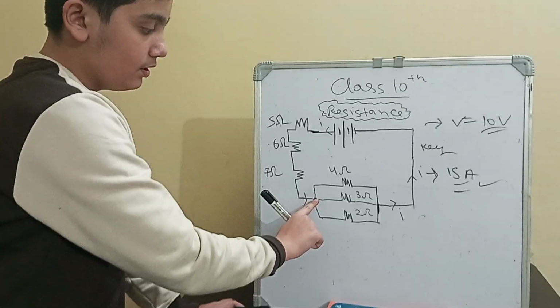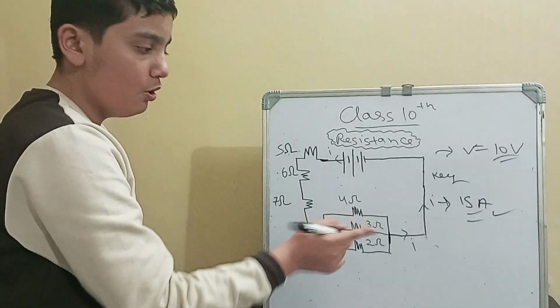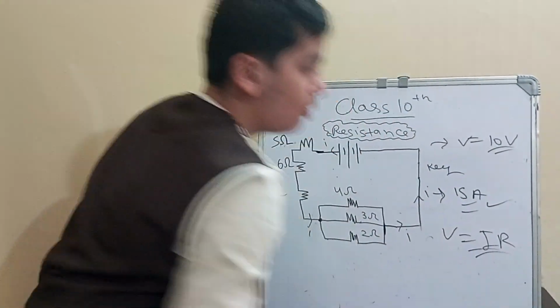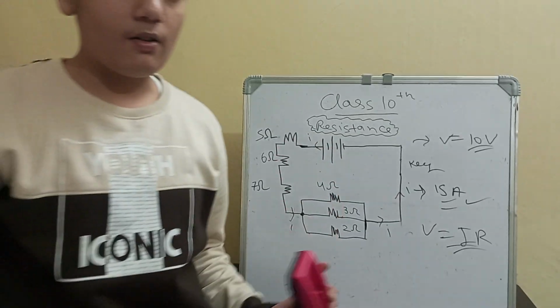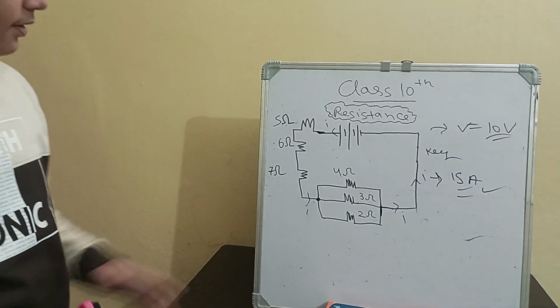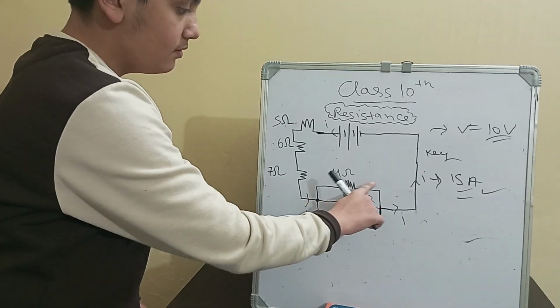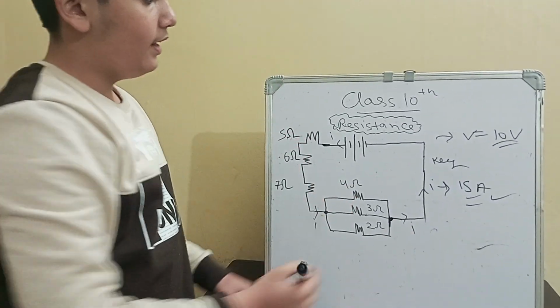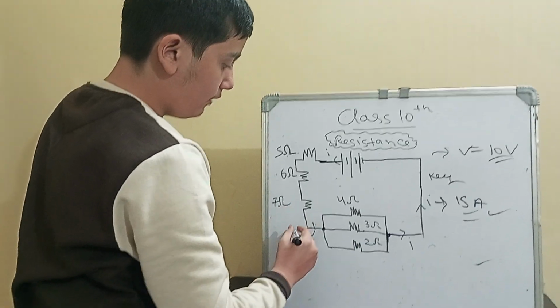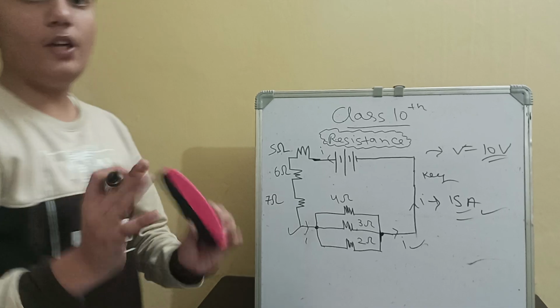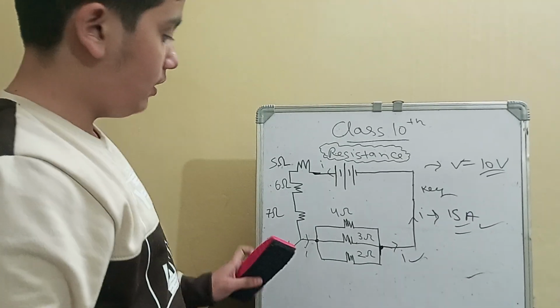So over here, the current will divide. It will be divided by Ohm's law, V equals IR, which we will see later. Then at this point it merges again, and the initial value continues to flow back to the negative terminal. Basic things.